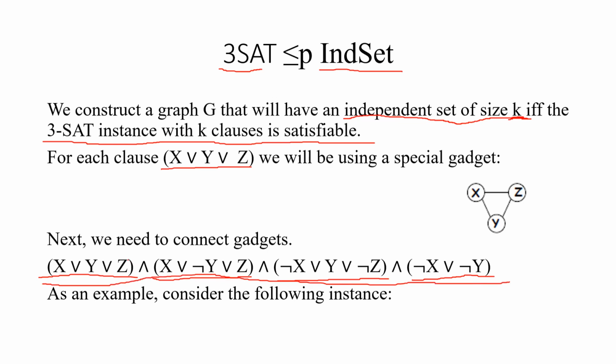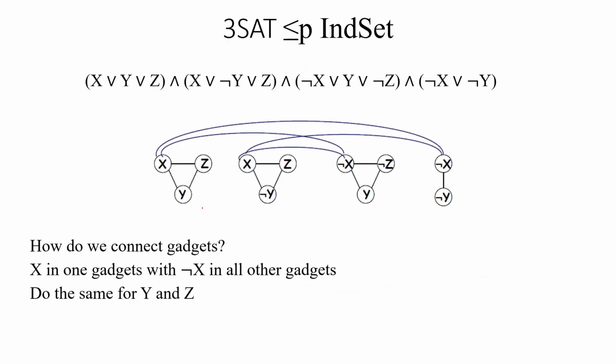We also do the next thing: some variable, for example x, and its negation, shouldn't be in the same clause. They should be in different clauses. So here we draw some kind of graph, and we take some variable x and connect it to its negations, like here. This is for the 4 independent clauses.